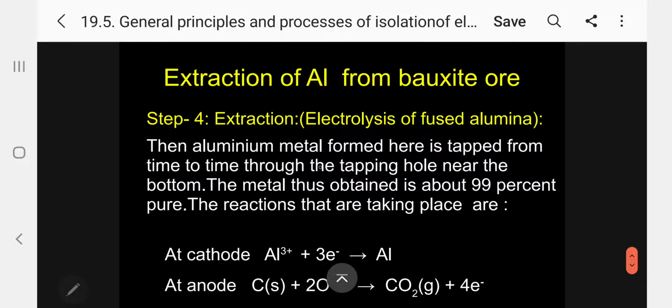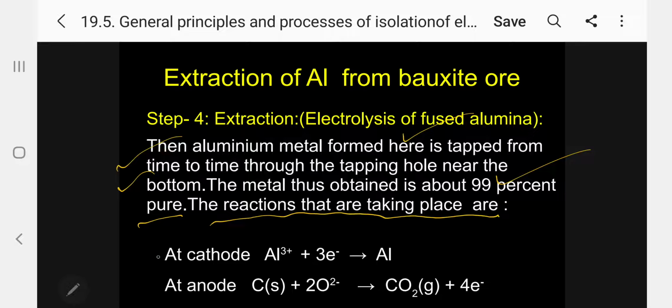The aluminium metal formed here is tapped from time to time through the tapping hole near the bottom. The metal thus obtained is about 99% pure. The reactions taking place: at the cathode, aluminium ion 3+ is neutralized by accepting electrons.